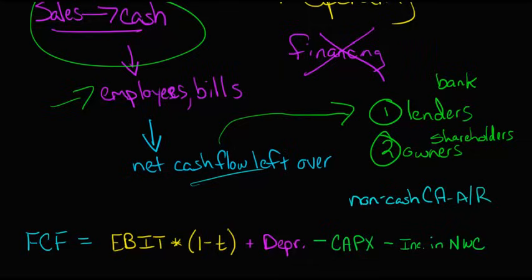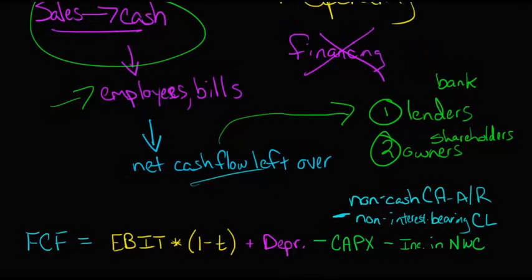And then we're going to subtract out the non-interest bearing current liabilities. I'll just abbreviate CL. So we're basically taking the current assets, not including cash.